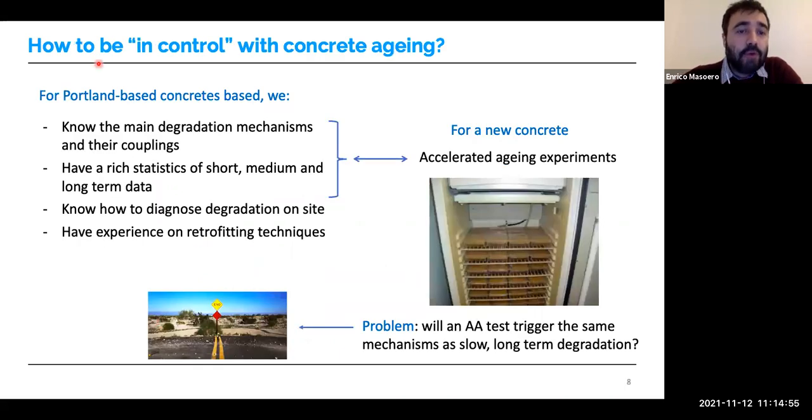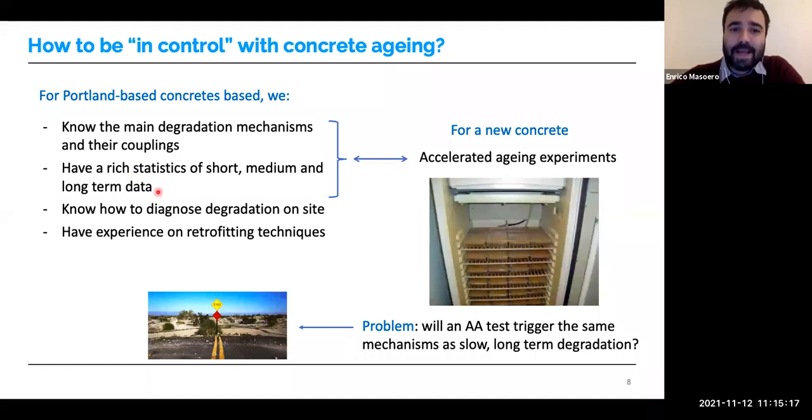And if we think of how do we get the feeling of being in control when we talk about ordinary concretes, existing concretes, well, we have confidence about their performance because we know the main degradation mechanisms and how they can be coupled. We don't know everything, but we know a good deal. We have statistics of short, medium, and long-term data.